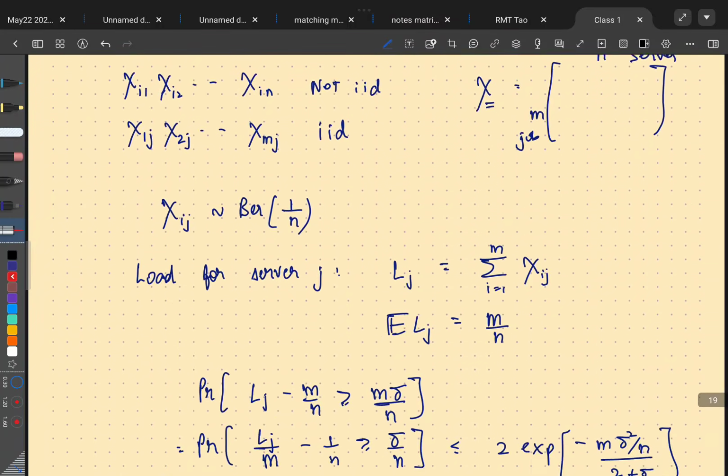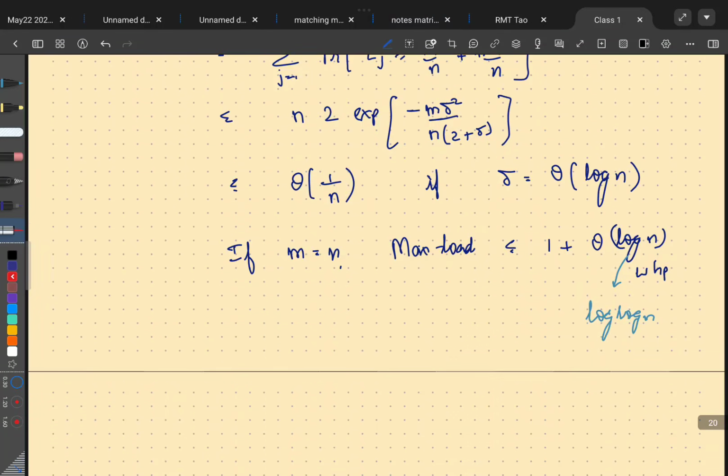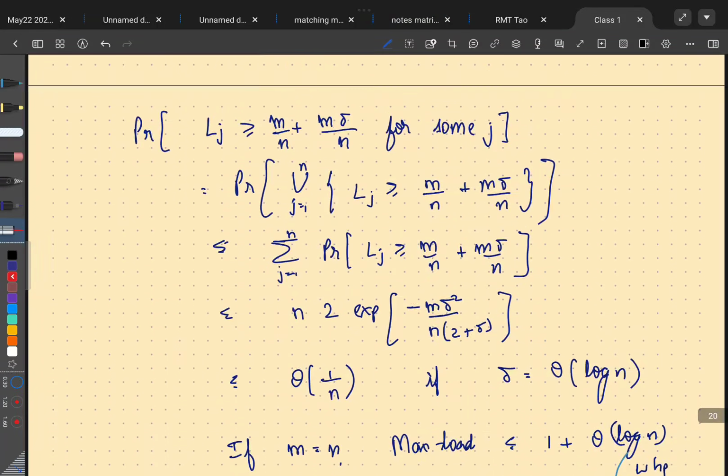We showed using these Chernoff bounds that the probability that the maximum load exceeds the average load, which is 1 by n if the number of jobs is exactly equal to n, the probability that the maximum load for any server exceeds, say, 1 plus log n, decays as 1 over n. All right? So with very high probability, the maximum load for any particular server is going to be at most 1 plus log n. All right?